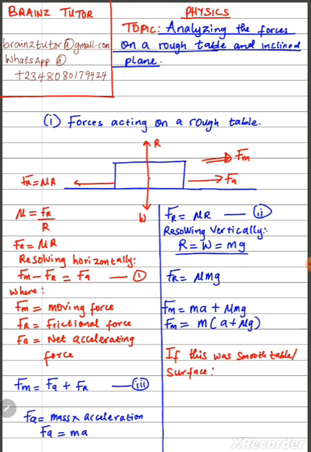It means the moving force, that is the original force that was applied to this block, is not opposed by anything, which implies that Fm is equal to Fa. That is, the force that was applied to move the block is equal to the force that is pushing the block. It means there is no frictional force on a smooth table or on a smooth surface, which might cause the object to just be sliding anyhow.